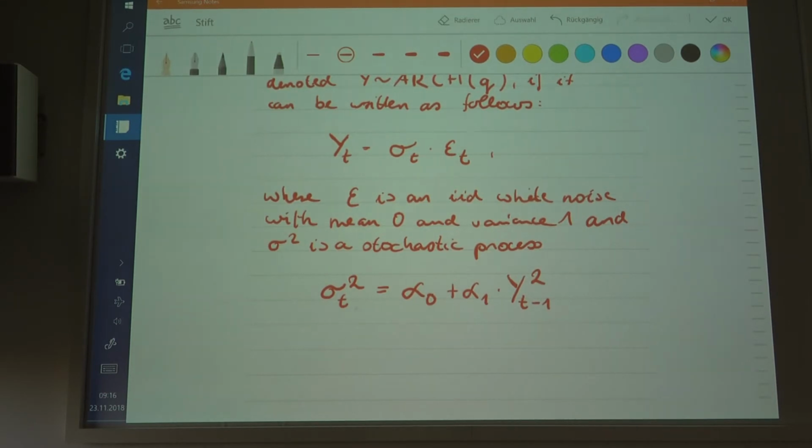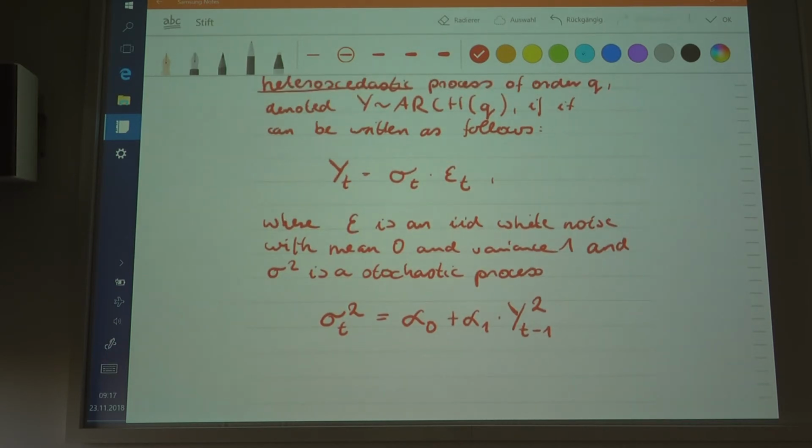If you take the square at time t minus 1, you will see that the variance depends on the path of the noise. So this is of order q. This is not the first order process.